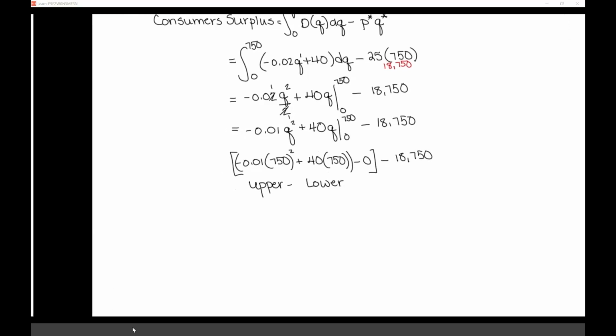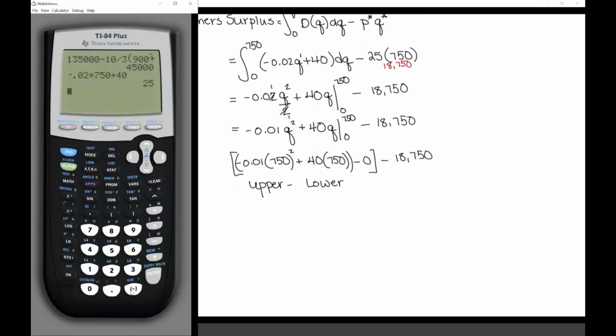So bring up the TI-84. I have negative 0.01 times 750 squared plus 40 times 750. I don't need the minus 0. That doesn't affect anything, but I do need this minus 18,750.